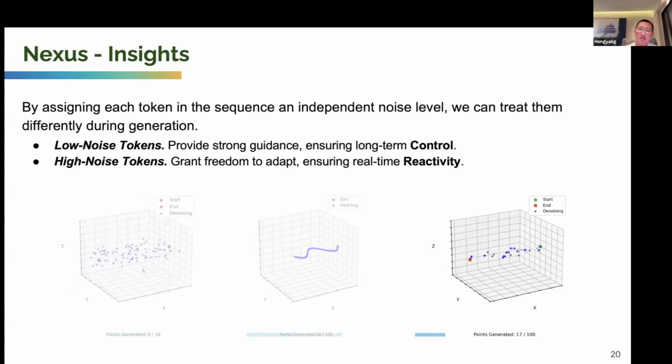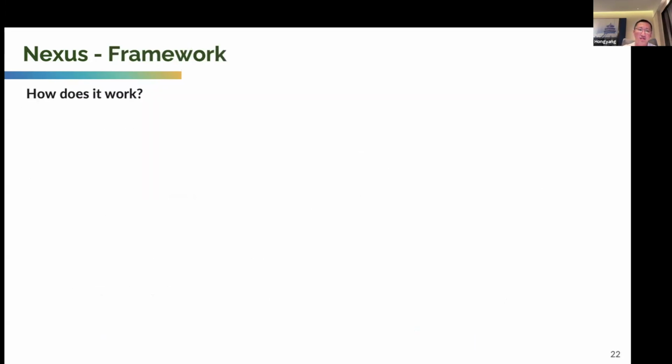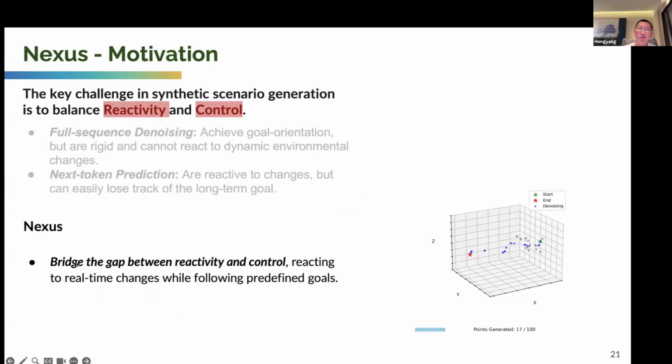Low noise tokens provide strong guidance, ensuring long-term control. The other group is the high noise tokens, which grant freedom to adapt, ensuring real-time reactivity. So here in Nexus, we want to bridge the gap between reactivity and controllability, reacting to real-time changes while the agent also knows the whole long horizon.